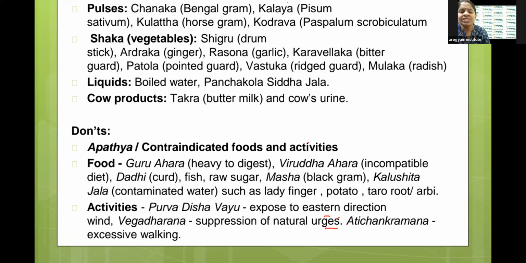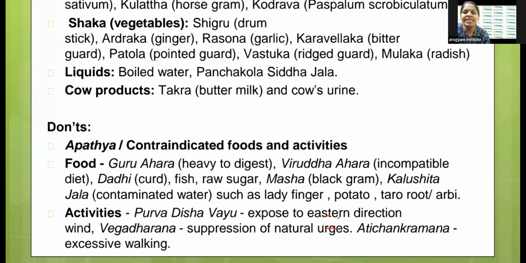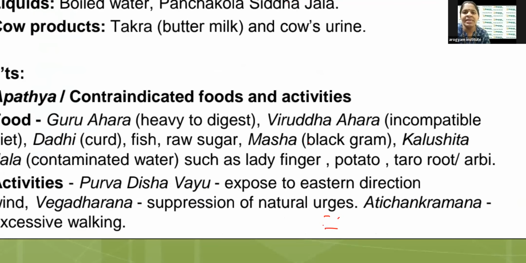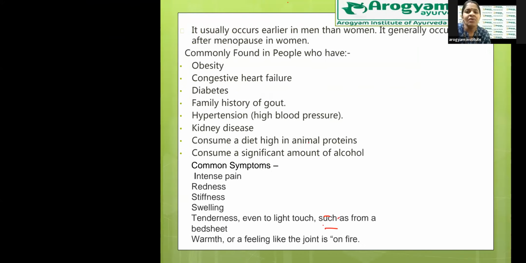Then Kalushita Jala, that is contaminated water, and lady's finger, potato and similar foods have to be reduced, or it's good if they are totally avoided.